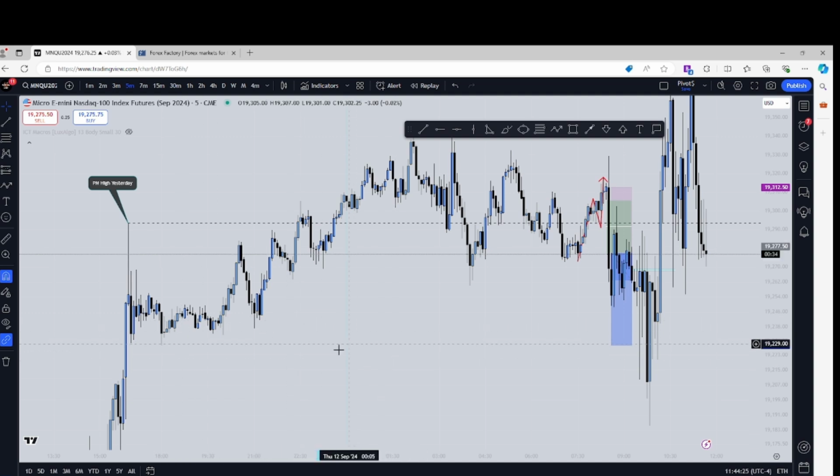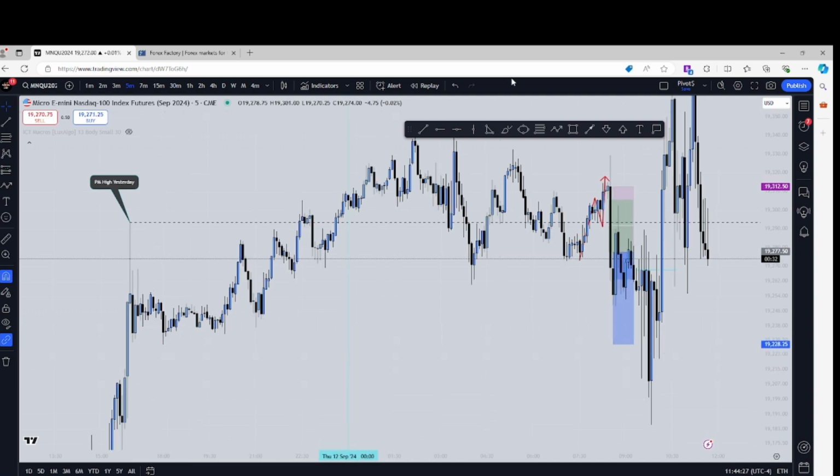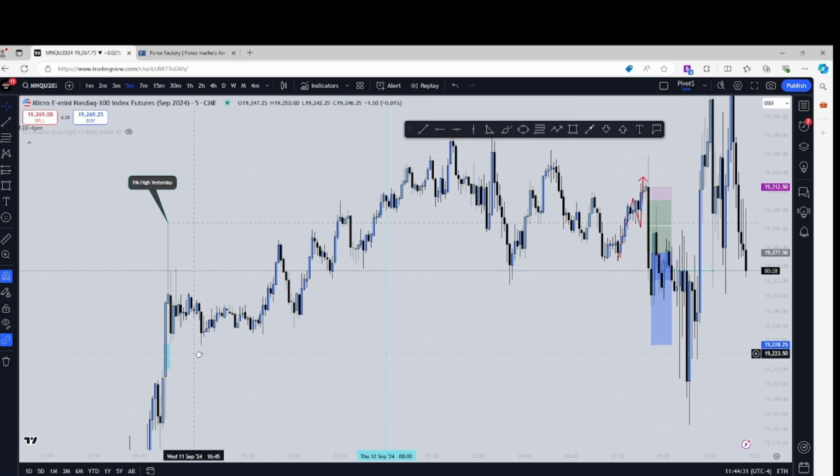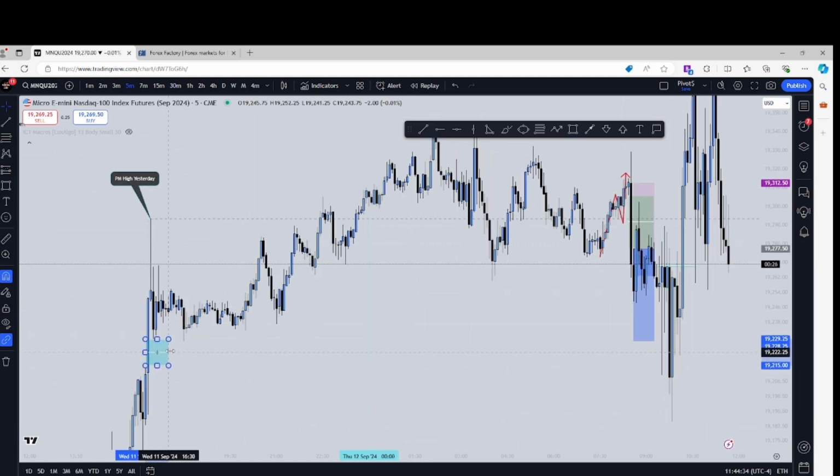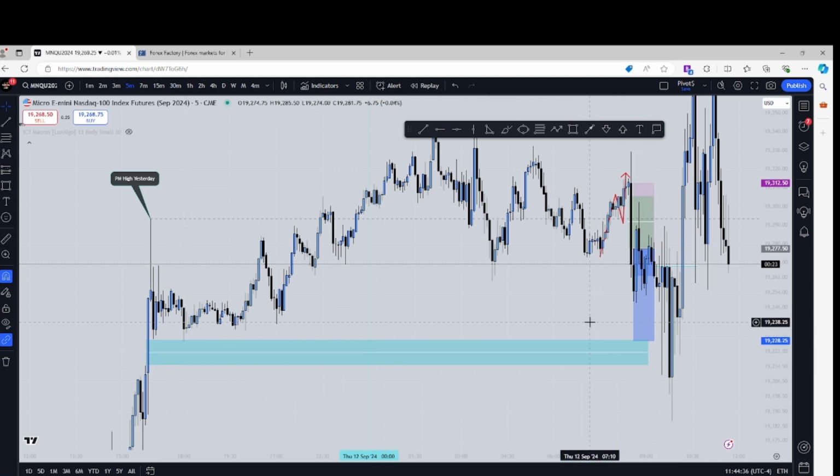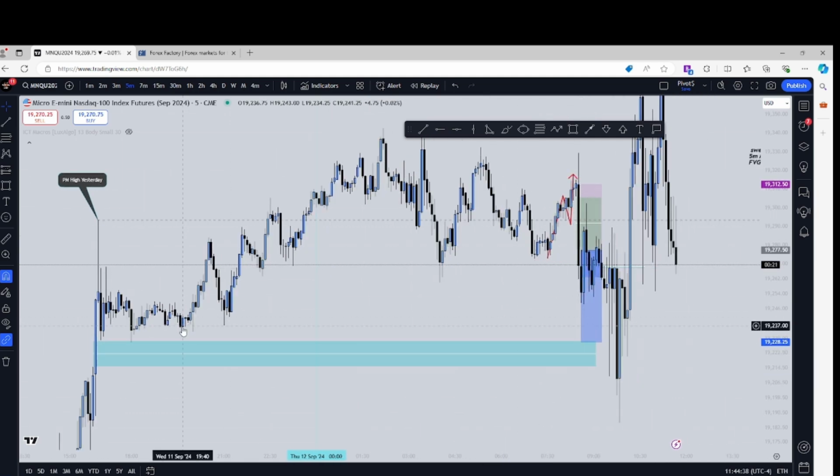And to be honest with you, there's also an imbalance here, another imbalance that never got replaced. So when you're looking for a short or a long, you want to look for your equal lows, equal highs, and imbalance. In this case, I was looking for more of an equal lows here, here, and pairing it up with this, and also here.